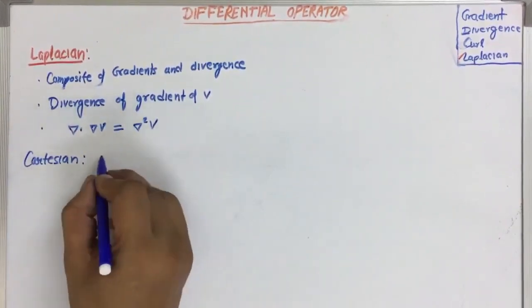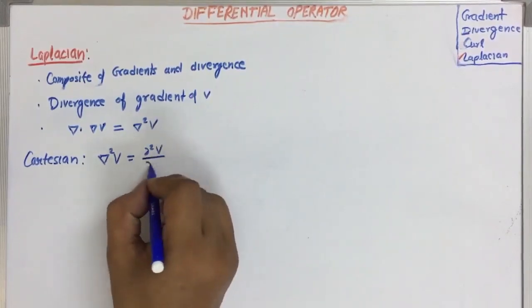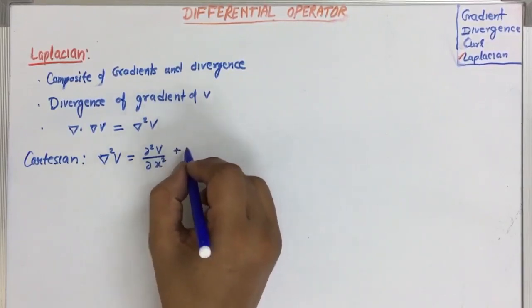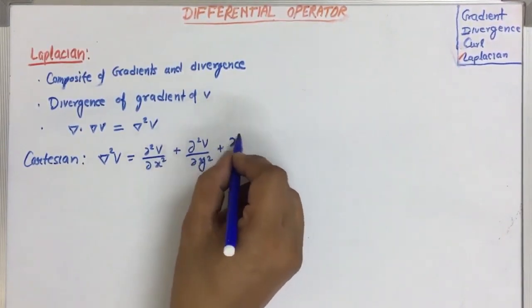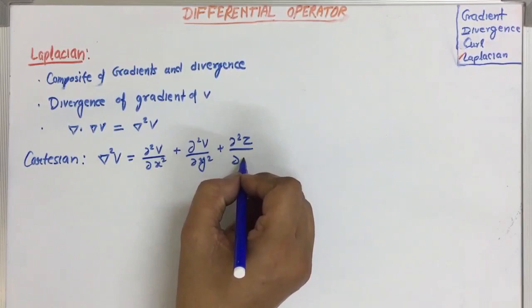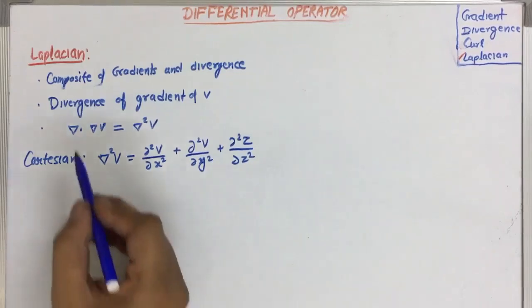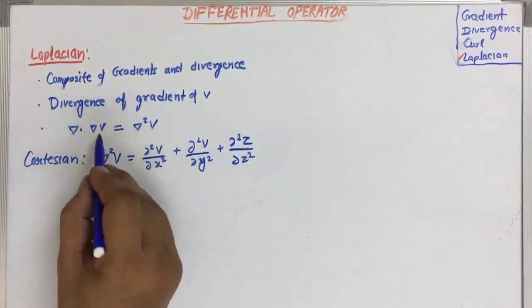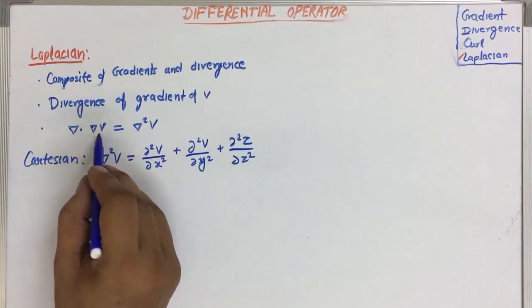Now in Cartesian coordinates we can write del square V as del square V with respect to del x square, plus del square V with del y square, plus del square V with del z square. What we can observe from here, V is a scalar field, and gradient transforms the scalar field into a vector field.